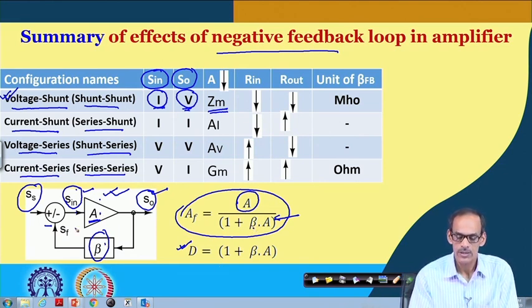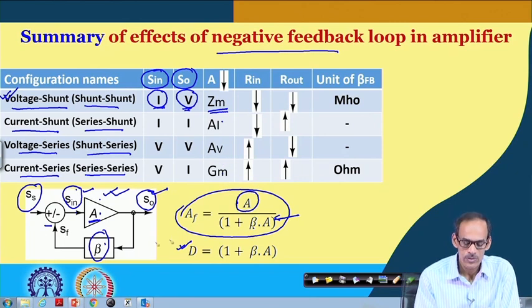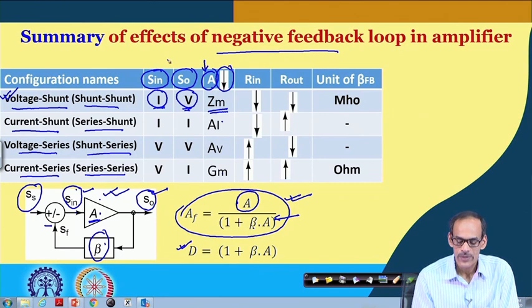Depending on the type of signal, A may vary from Zm, to AI the current gain, to voltage gain, to transconductance Gm. Whatever configuration we consider, this is the formula by which A gets reduced. The arrow indicates that the negative feedback reduces A by the desensitization factor of the circuit.